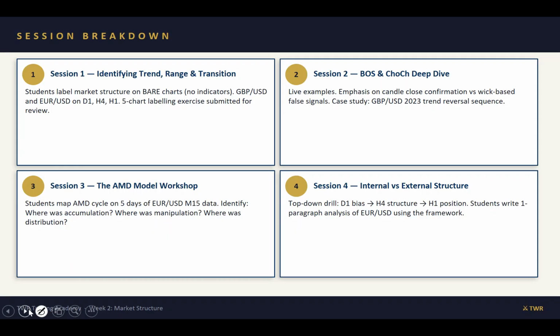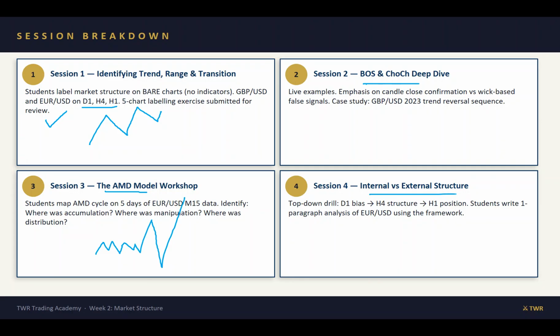Okay, so session breakdown. Number one, go to your charts and mark out the higher highs and higher lows, based on how you've understood the basic market structure. Number two, mark out the break of structures and change of character on the live market as I have shown you. Number three, go and look at where price did the accumulation, manipulation, then distribution.